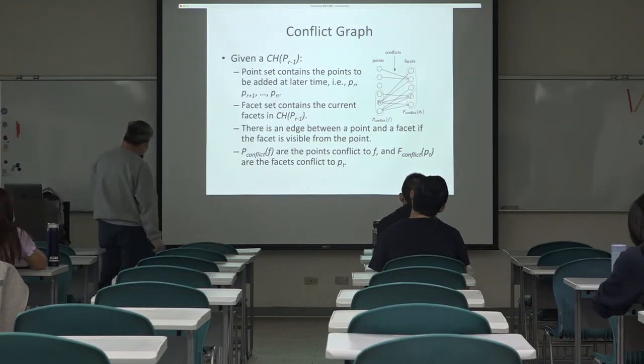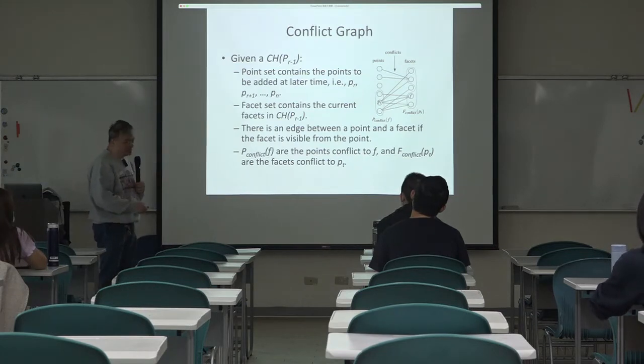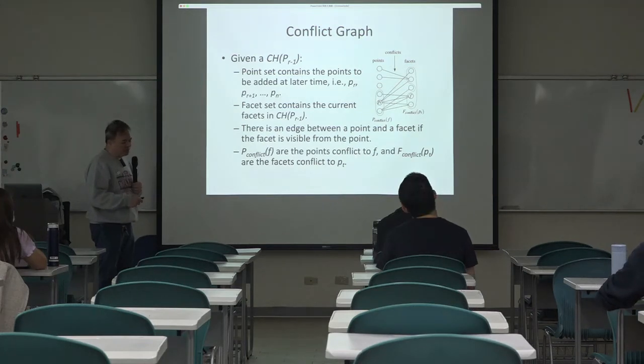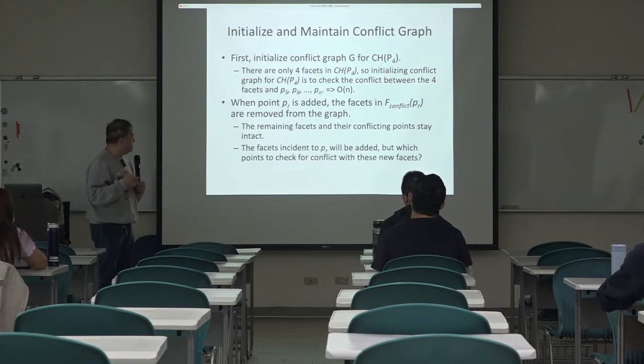But do we need to look at all the points in the point set to see if they conflict with these newly inserted faces? It turns out to be unnecessary.